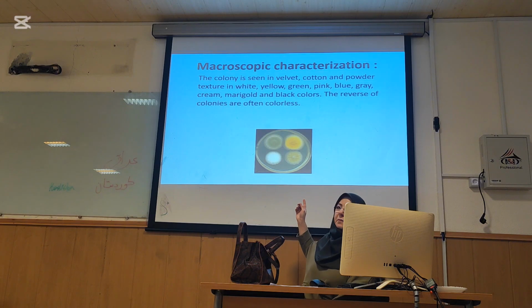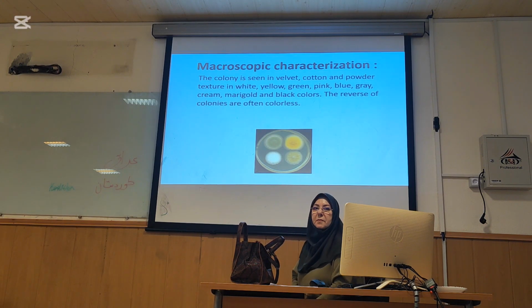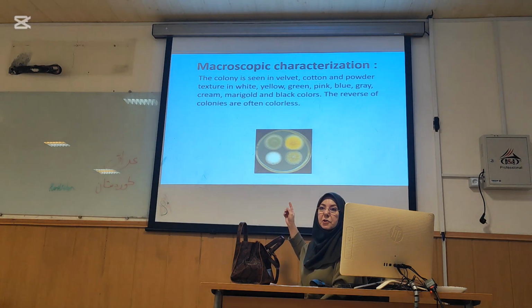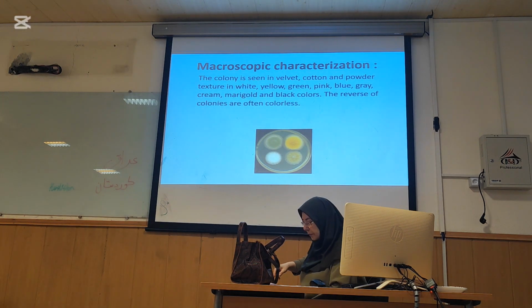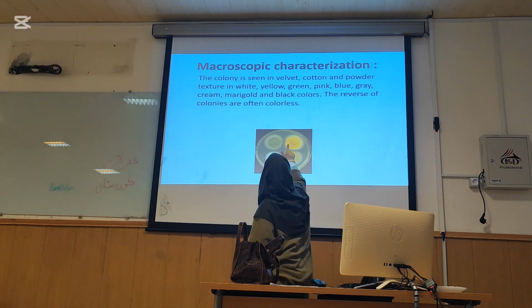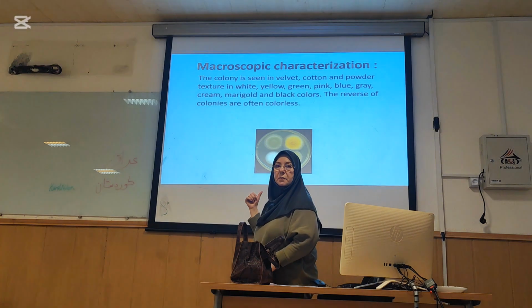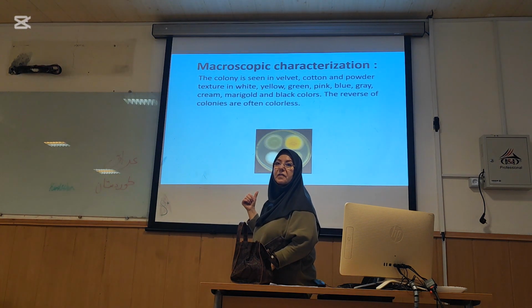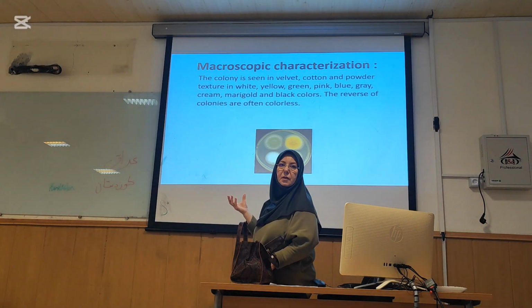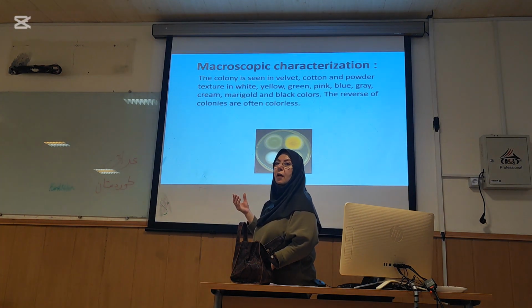You can see in this picture four different species of Aspergillus. For example, this color shows that this species is Aspergillus flavus, usually found on pistachios, and it can produce aflatoxin.